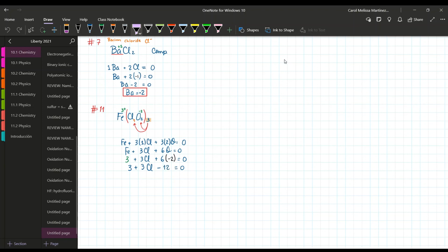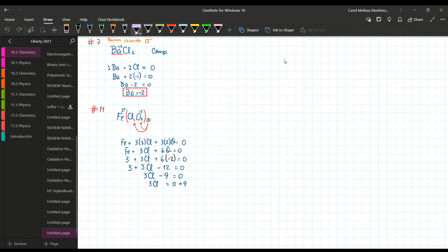And now you will solve for this. 3 minus 12 gives you -9. So you have 3 chlorines minus 9 equals 0. So you isolate it. You start isolating chlorine. So you say 3 chlorine is equal to 0 plus 9. 9 was subtracting, so it goes to the other side by doing an addition.